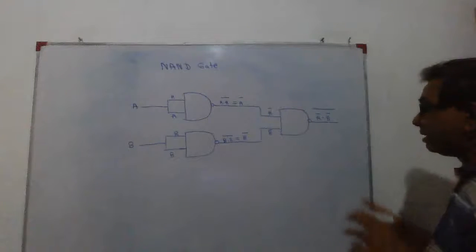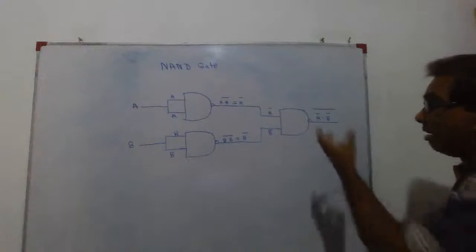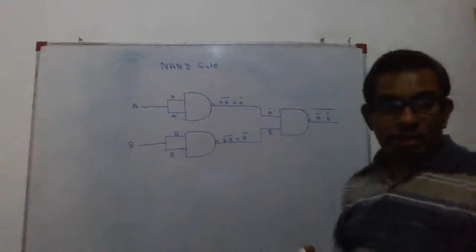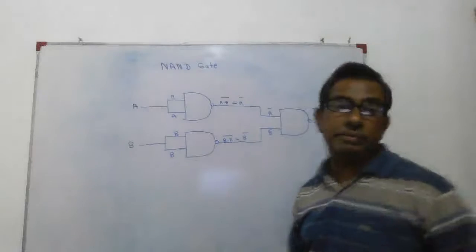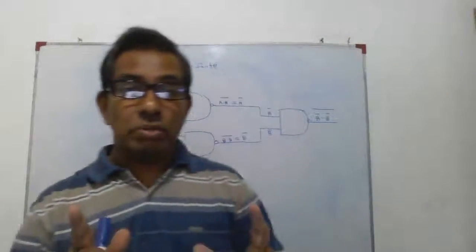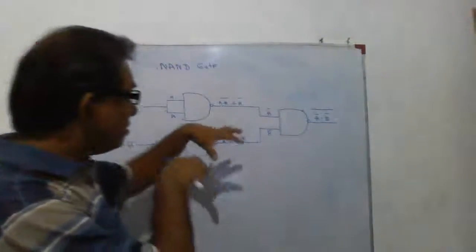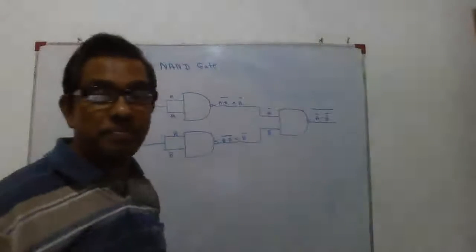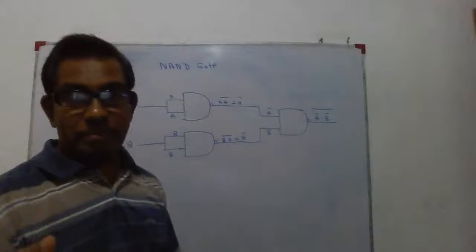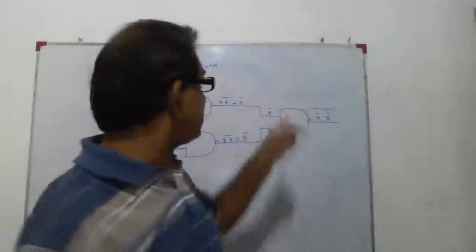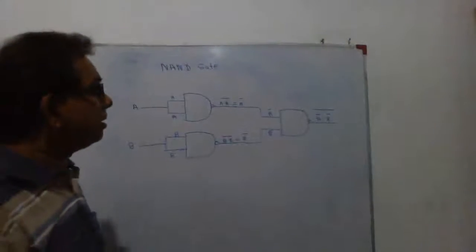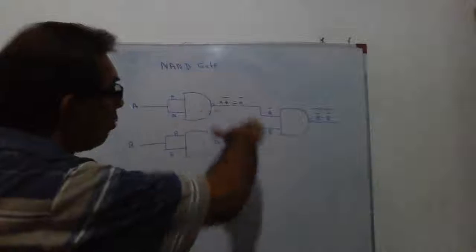But what is the idea of this gate? This gate has been developed in order to construct the OR gate. Has it come? Now, what I want to show you is how this output can be taken as an OR gate.